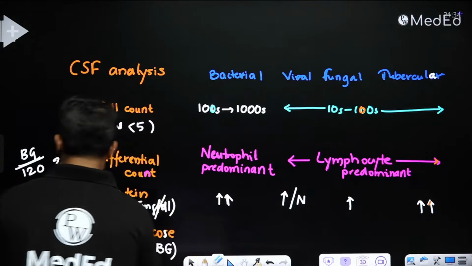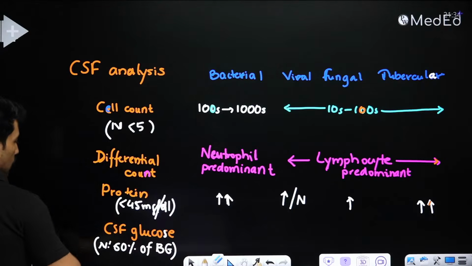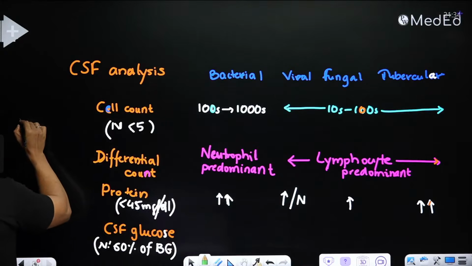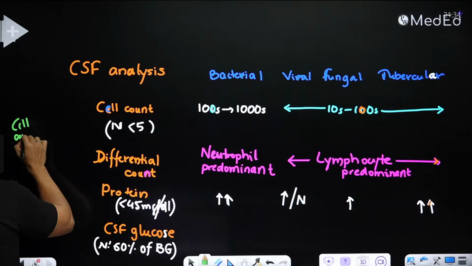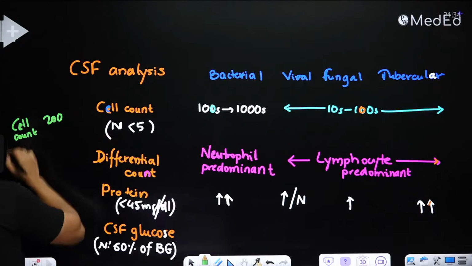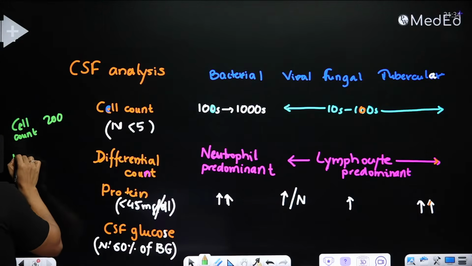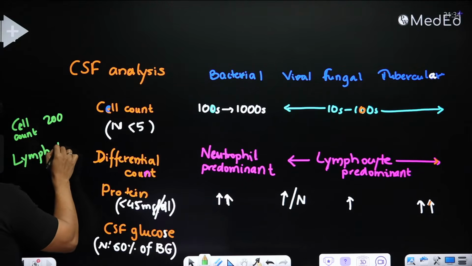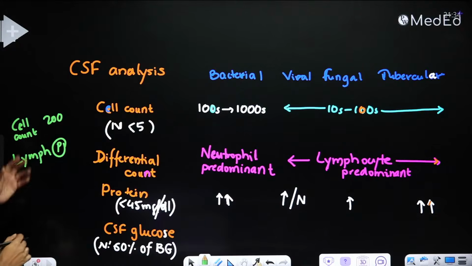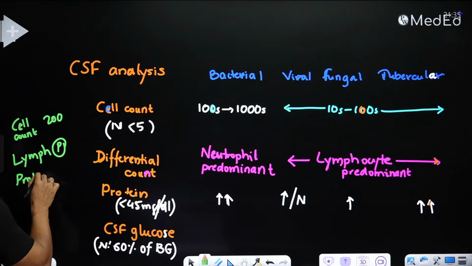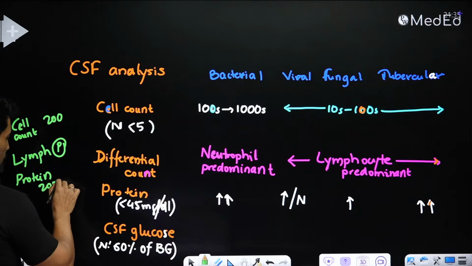Now I gave you an example of a case. Let me write down the values that I had mentioned. Cell count was 200. Then it was lymphocyte predominant. Out of this 60% were lymphocytes, 120 were lymphocytes. And then protein, let us say it is 200 milligrams per deciliter.